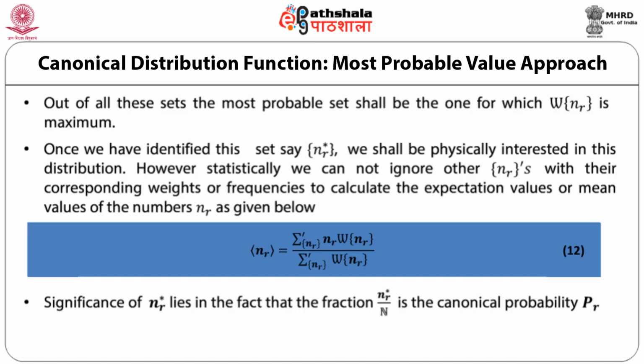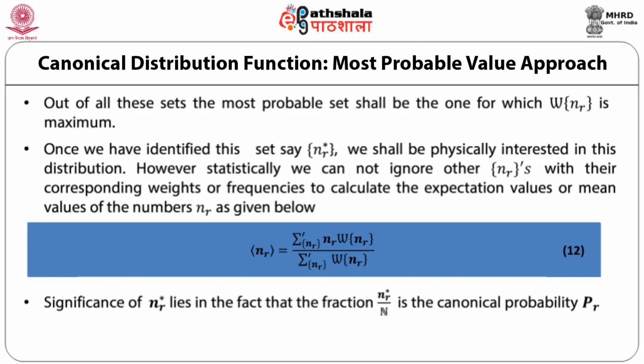Once we have identified this set, say N*R, we shall be physically interested in this distribution. However, statistically, we cannot ignore other {NR} sets with their corresponding weights or frequencies to calculate the expectation values or mean values of the numbers NR as given here.